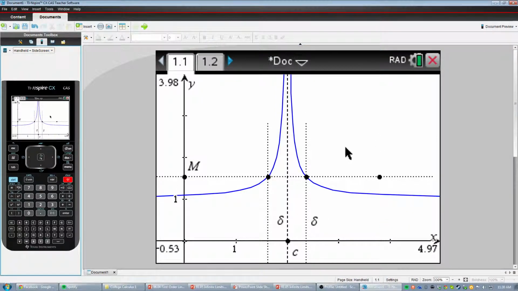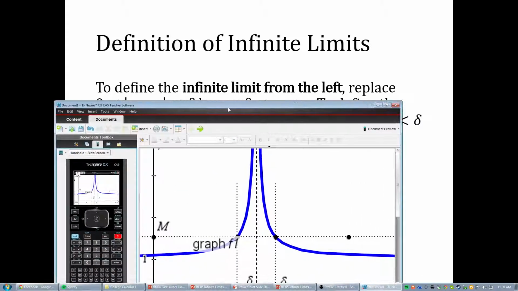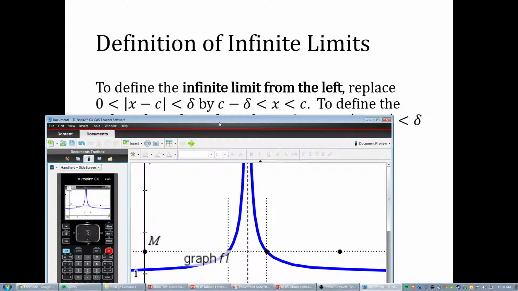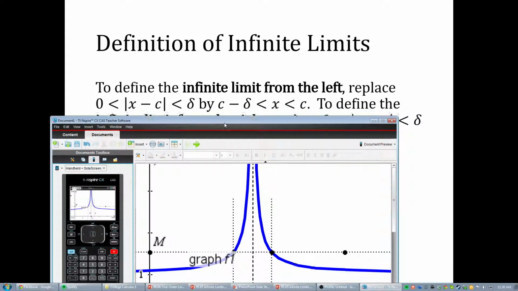There, okay. So the definition is saying that as 0 is less than the absolute value of x minus c is less than delta, we're looking at the infinite limit from the left. So we can replace it with c minus delta is less than x is less than c.